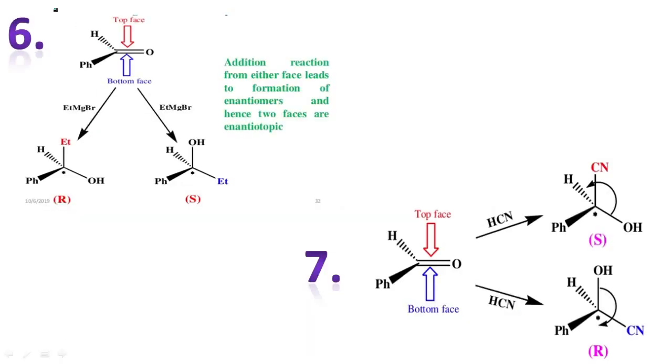Now as you can see in the 6th example, you can see this carbonyl group. There are 2 different groups attached, phenyl and hydrogen, above and below the plane.